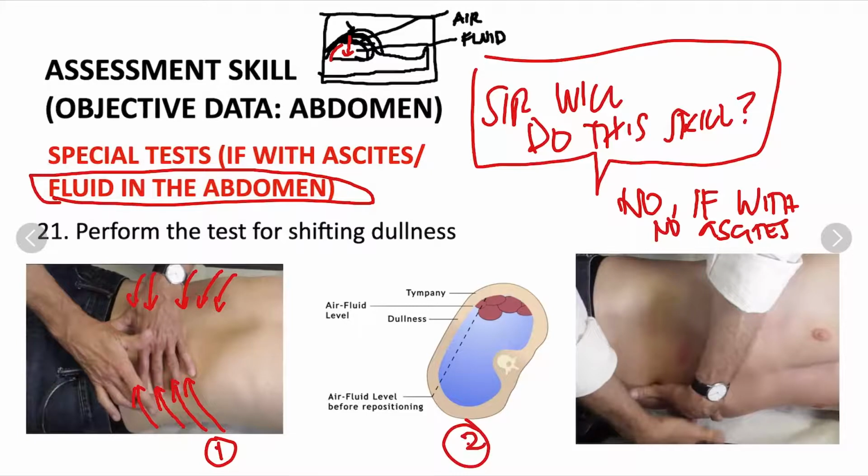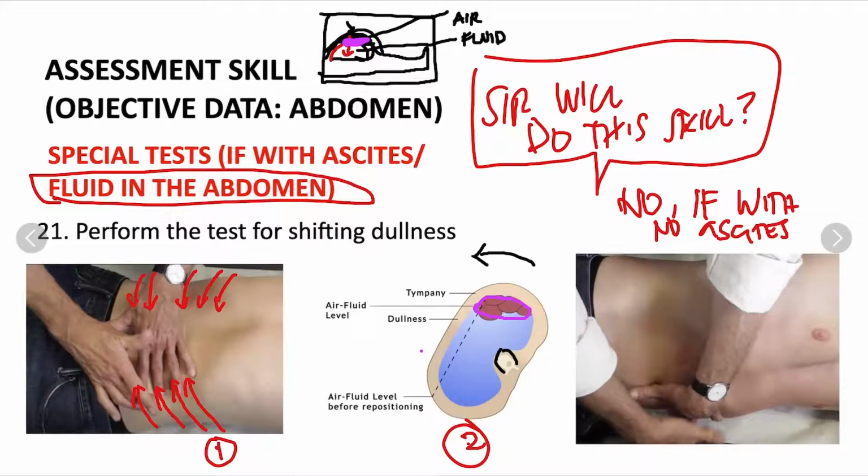Here is diagram number 2. You ask your patient to turn to one side. In this case, this is the spine of the patient. The patient is turning towards his left side. When the patient turns to the left side, you see that the air that is usually positioned above would be displaced towards the side which is facing upright.